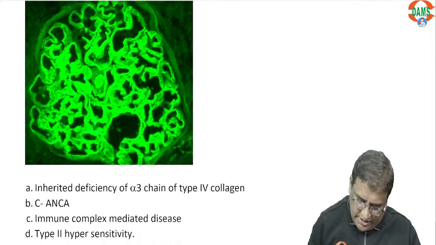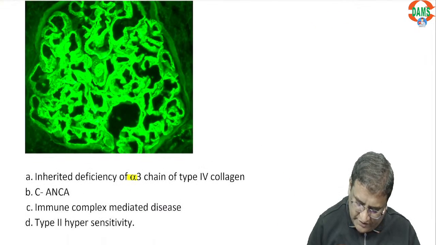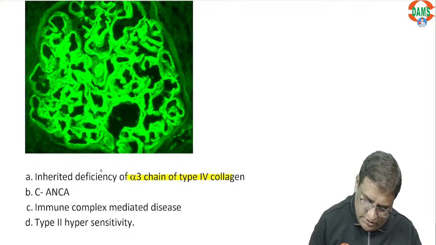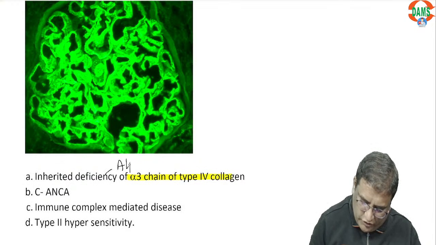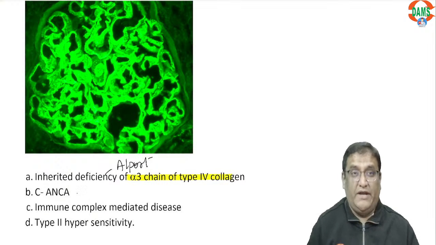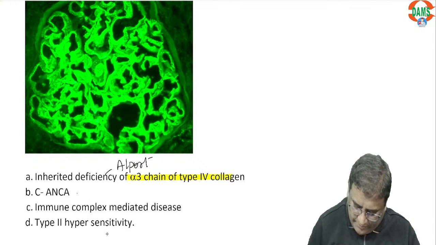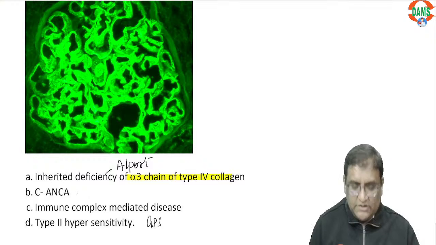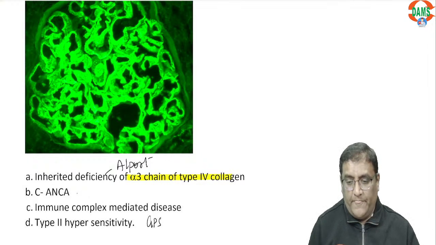Options. Inherited deficiency of alpha 3 chain of type 4 collagen. This will be what? Alport syndrome, if you remember. C-ANCA mediated vasculitis. Immune complex mediated disease. Many are immune complex mediated, but type 2 hypersensitivity in the kidney is only one, Goodpasture syndrome, right? Yes. So let me see now, what is the question? Oh, very good.